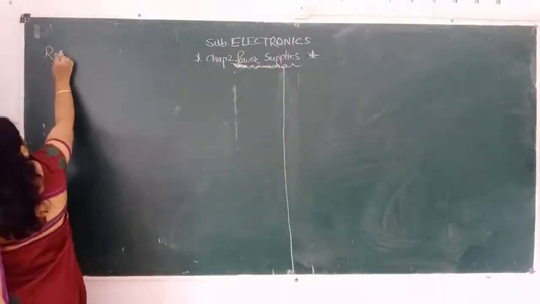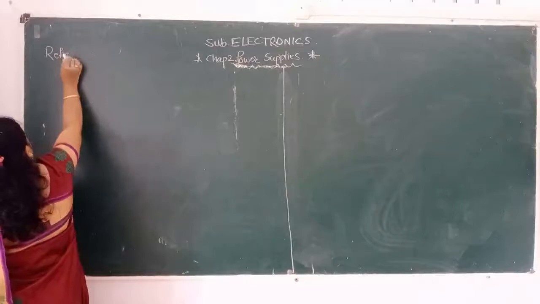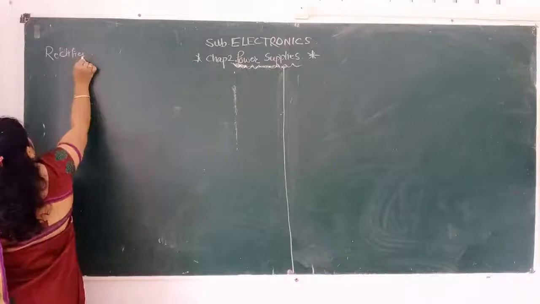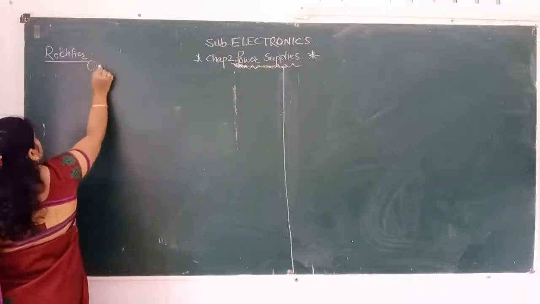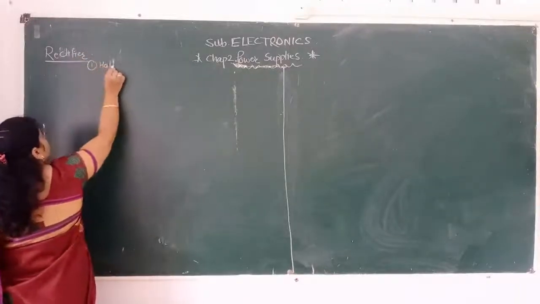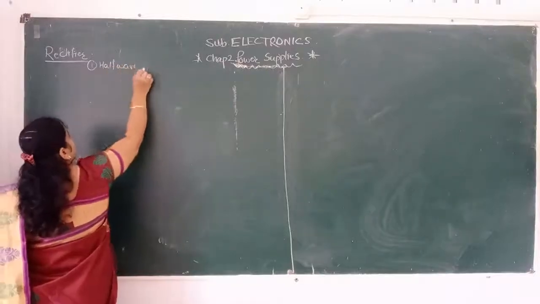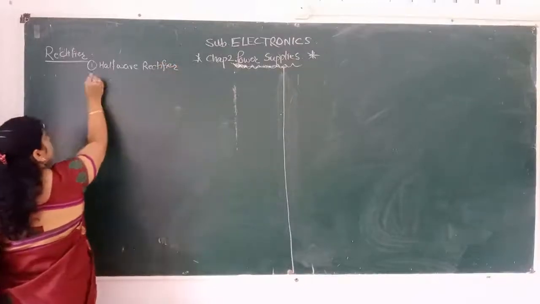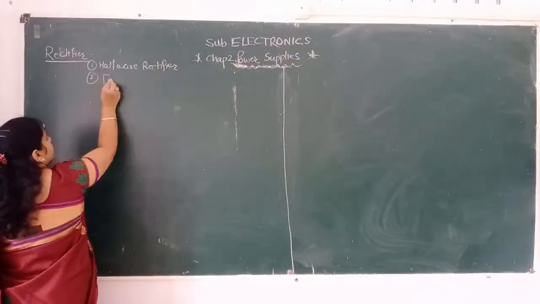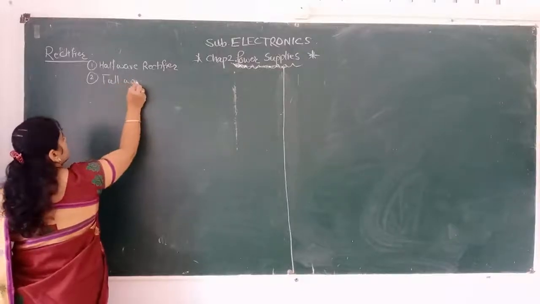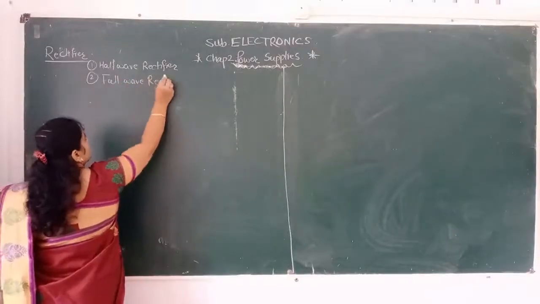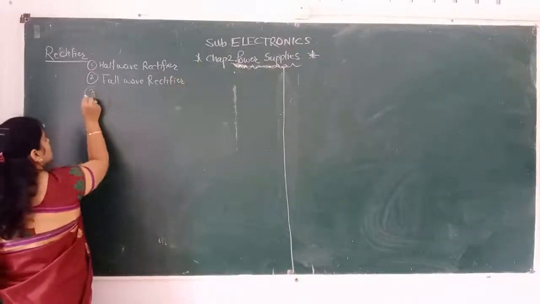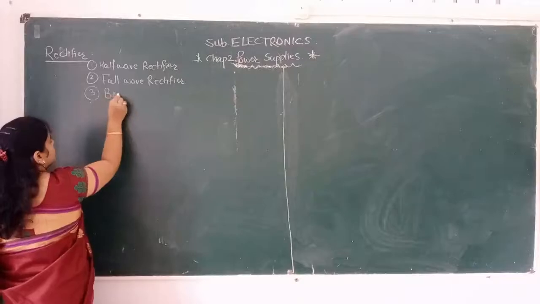So write it here. How many types of rectifier are there? There are three types of rectifiers. First is half wave rectifier, second is full wave rectifier, and third is bridge rectifier.